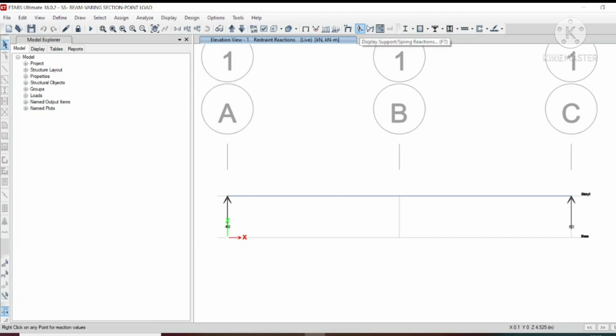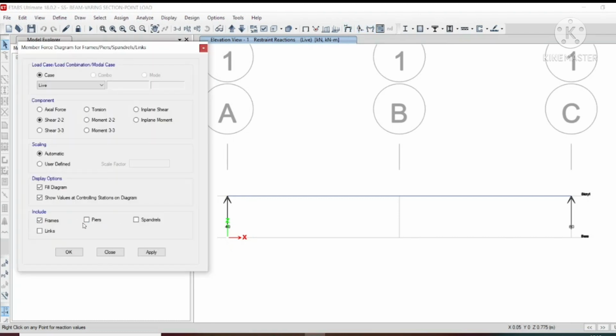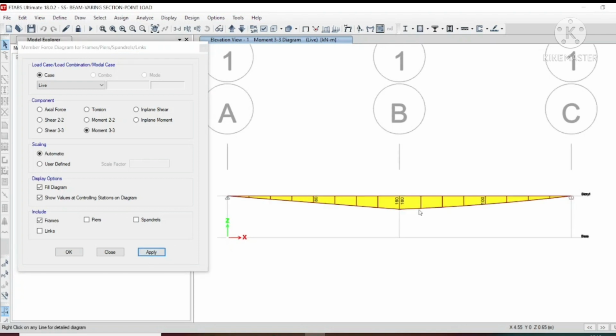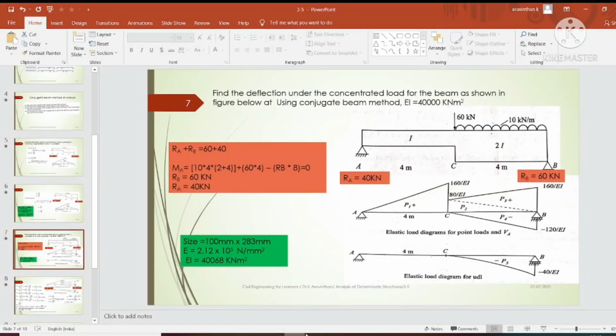And if you check the bending moment, that is 180 kilonewton meter is the maximum bending moment, and at the right hand side you have 100, and at the left hand side 1/4 you have 80 kilonewton meter.